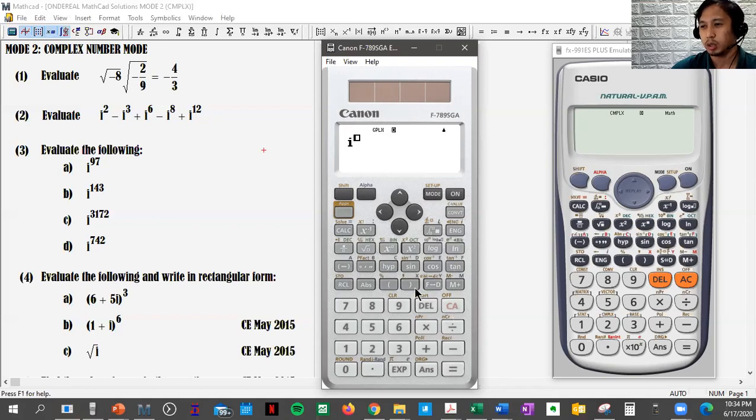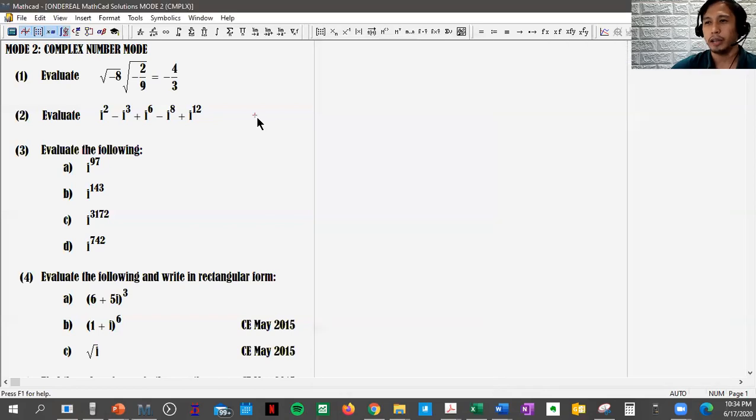Of course, I squared is equal to negative 1, because we know the definition of I is equal to square root of negative 1, and that is why if we are to evaluate the square of that, the result is negative 1. And if we are to evaluate I cubed, the result of I cubed is equal to negative I. Okay?